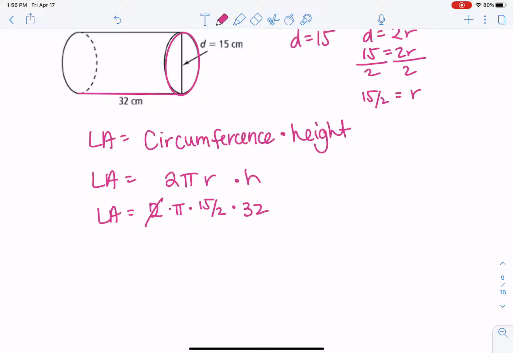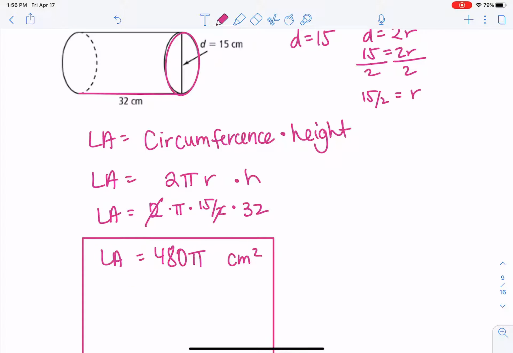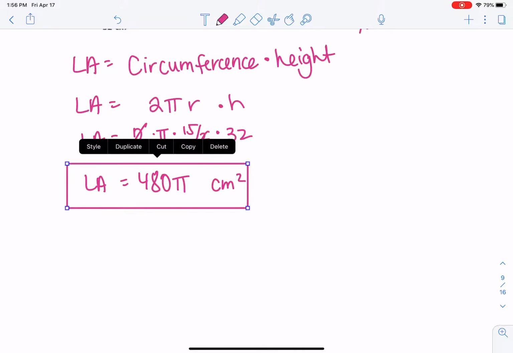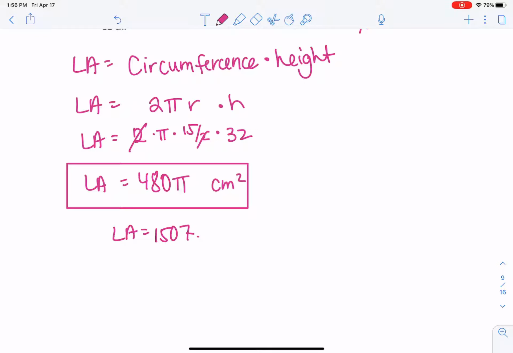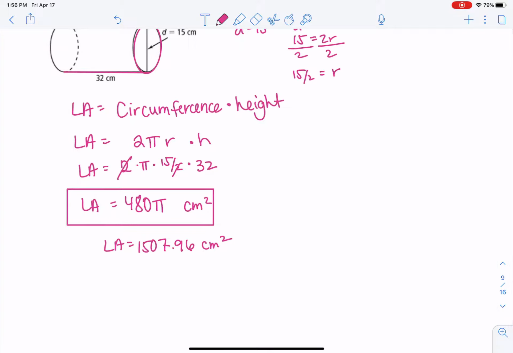So these will cancel. I'm going to do 15 times 32 in my calculator. And I got the lateral area is 480 pi centimeters squared. You can leave it like this if you'd like, or if you want to get a decimal, you can multiply by pi in your calculator. And I got the lateral area to be 1507.96 centimeters squared. So that is the label of the canned good.